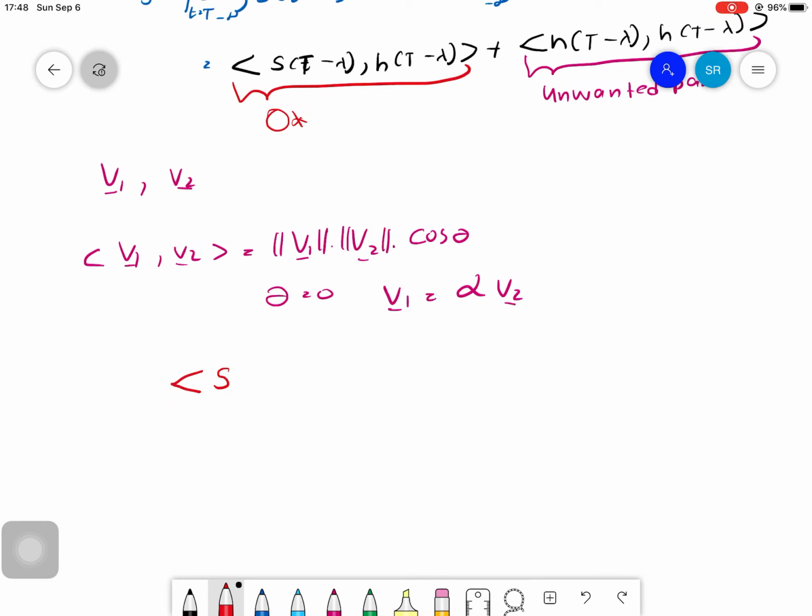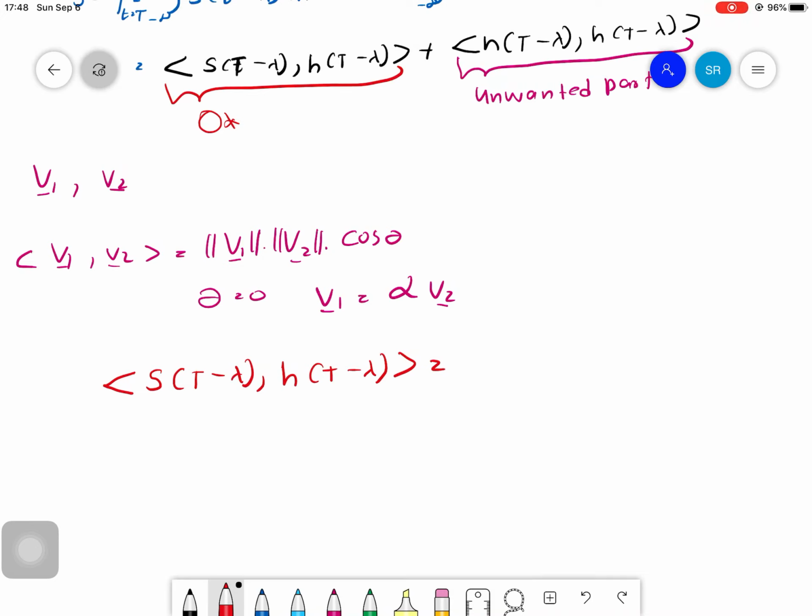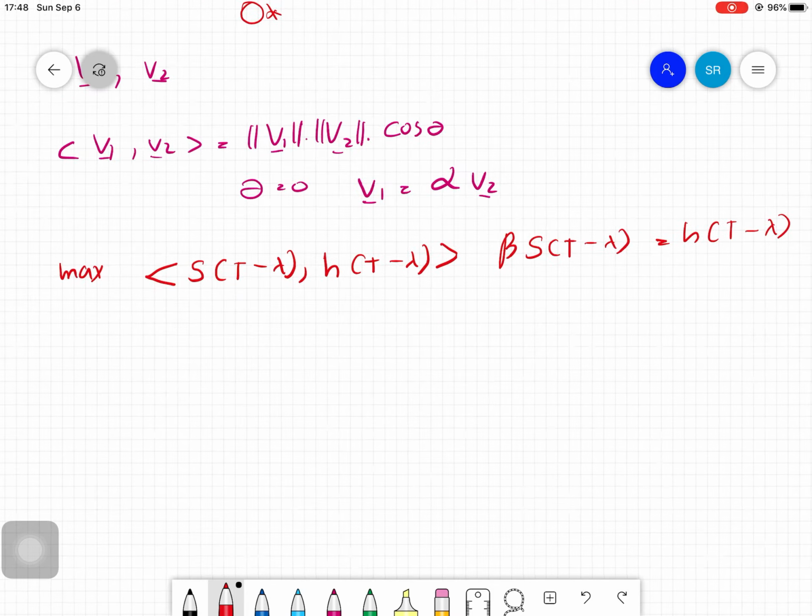It means I can take the maximum value of this inner product, S(t minus lambda) with h(t minus lambda), when it is actually maximum. The result is maximized when S(t minus lambda) equals some constant beta times h(t minus lambda).